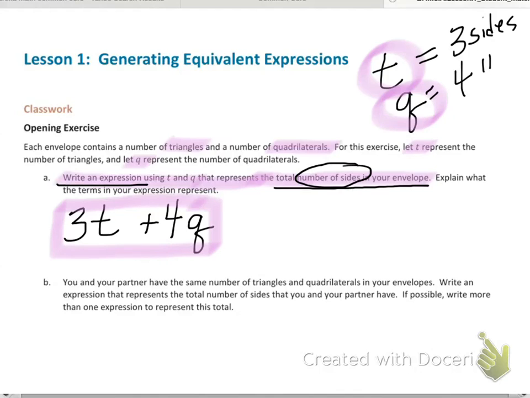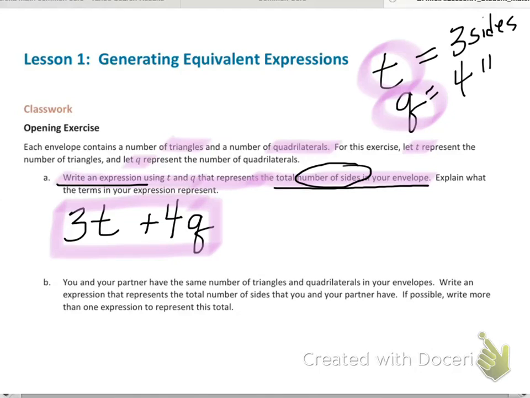What's wonderful about these expressions and their real-world application is that this very simple expression can be applied to anything. As soon as we open up and find out how many triangles and quadrilaterals we have, we will be able to determine very quickly, through some multiplication and addition, the number of sides in that envelope.